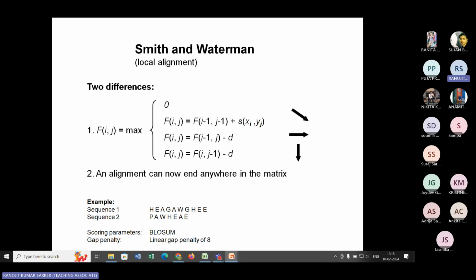That means you have three highly similar regions, and in between there are some dissimilarities.